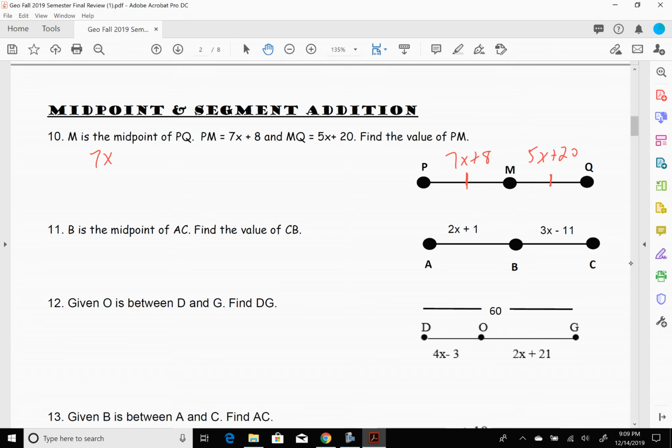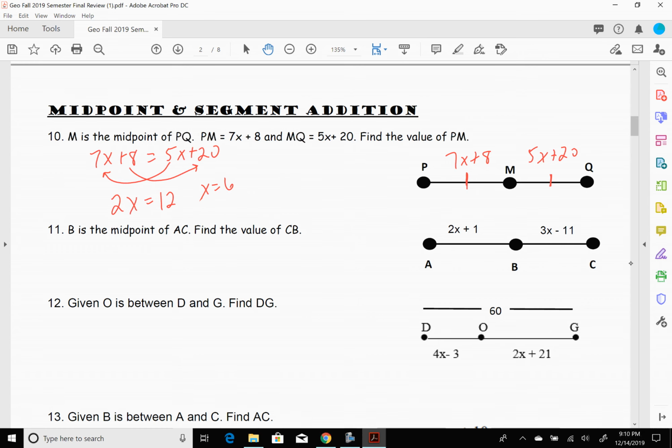So you have 7x plus 8 is equal to 5x plus 20. Take away 5x from both sides, and then move this 8 over there. So we'll get 2x, and then 20 minus 8 gives you 12. So divide by 2, so x is 6.